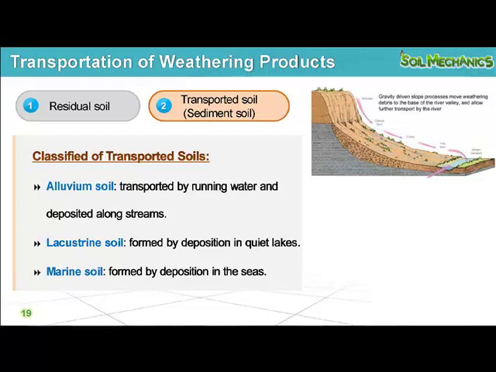So transported soil can be divided into three: alluvium soil, lacustrine soil, and marine soil.